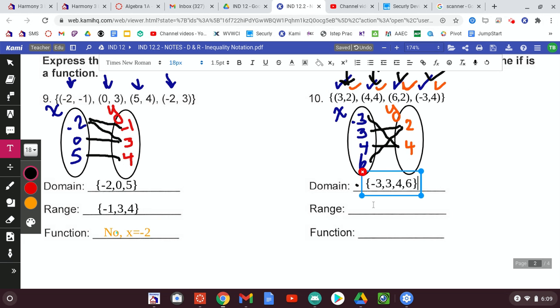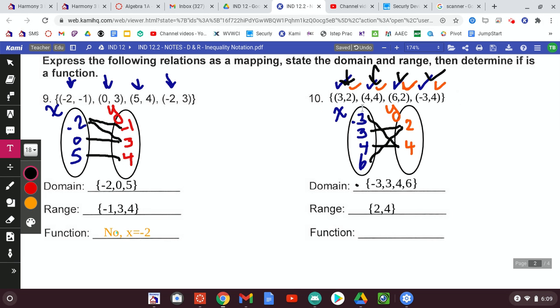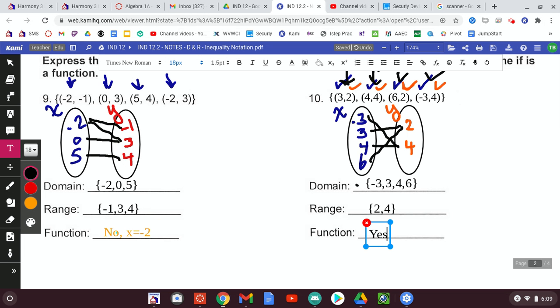And our range, again, you've already done the work. You've done your mapping bubble here. So we know that our range is 2 and 4. And then is it a function? Well, all of our x's only have one match. So yes, it is a function.